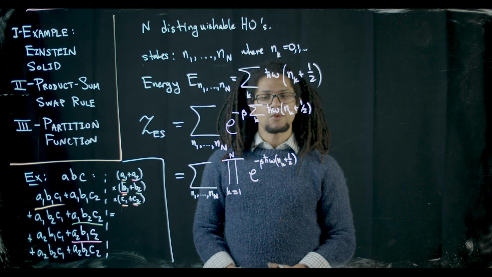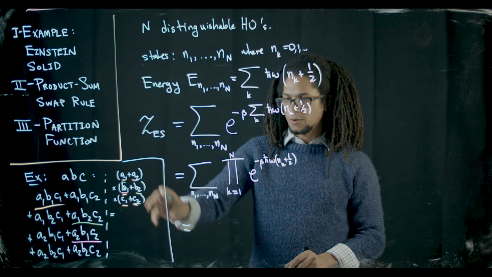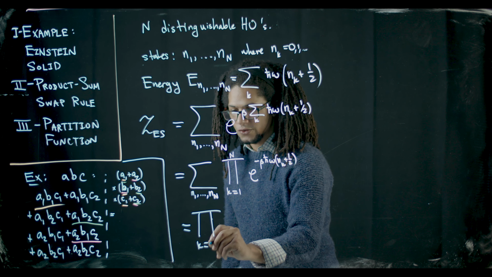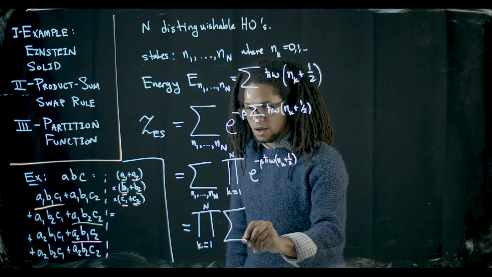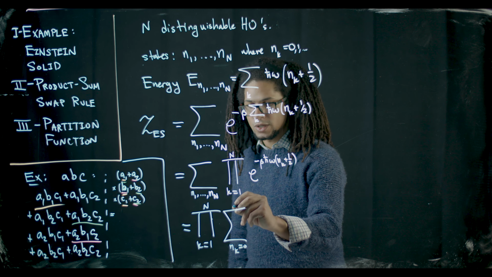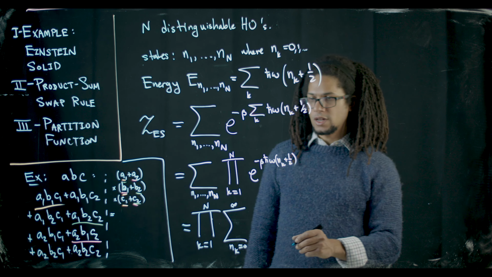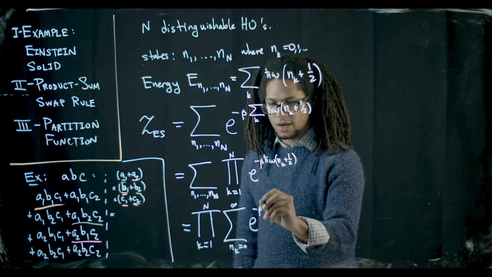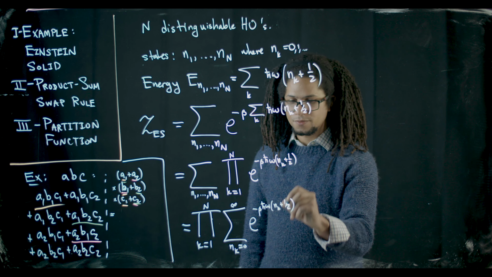So let me write that here in exactly the way that we have it here. This becomes a product, k goes from 1 to n, of the sum over nk, which now I'll explicitly write is the sum from nk goes from 0 to infinity, of exactly what we had here, e to the minus beta h bar omega times nk plus 1/2.